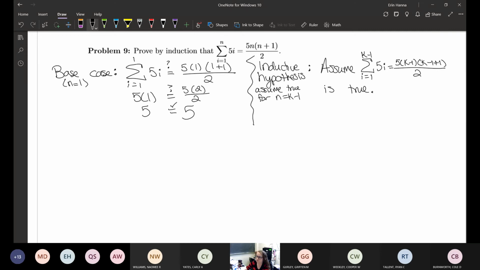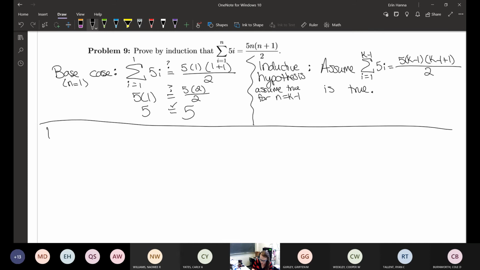And assume it's true. Let me clean that right side up a little bit. 5 times k minus 1, times k minus 1 plus 1, over 2. You could simplify that right side a little bit, and I will in a minute, but for the sake of writing it down, you can just write it down in its full generality without really simplifying it at all. So we're just assuming that that's true.